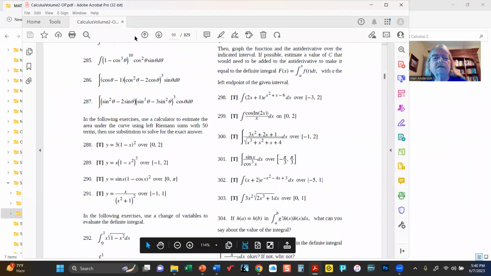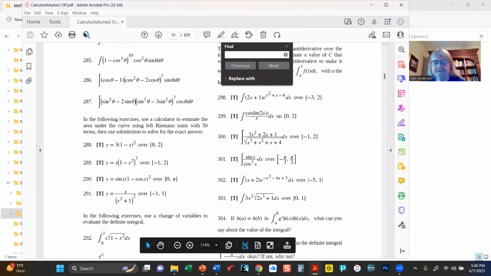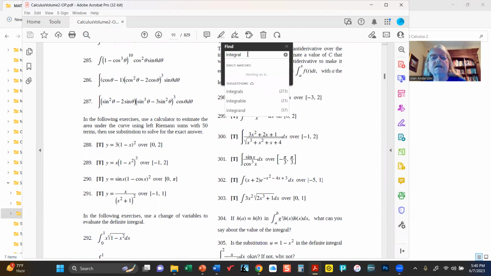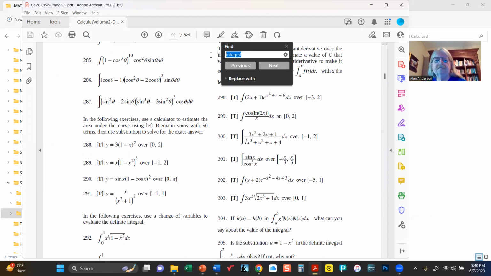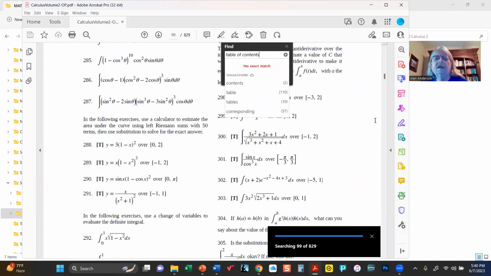And let's see. Actually, I'll tell you what, let's go back to the table of contents. That might be easier. It's a huge book, and sometimes searching through it is a little tricky. For God's sake.